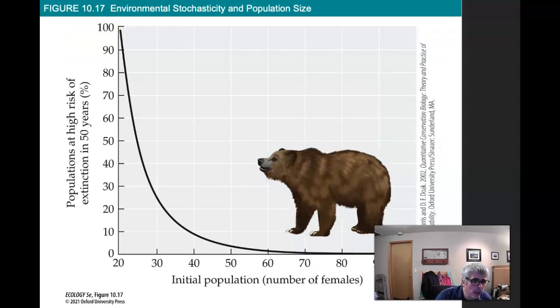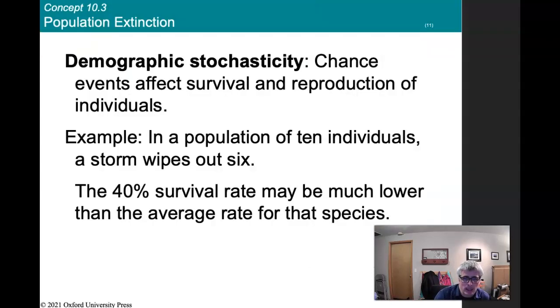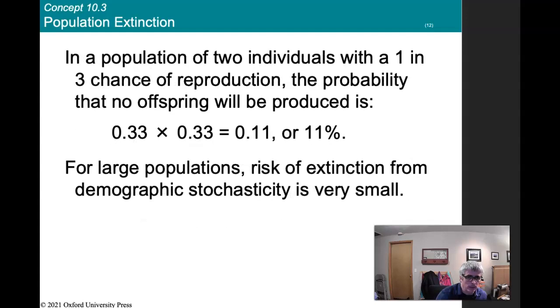I just want to jump back up to demographic stochasticity, because this is the random probability of individuals producing offspring and the variation within that.